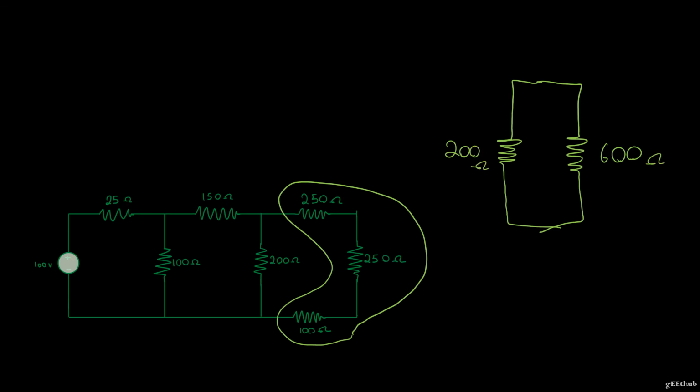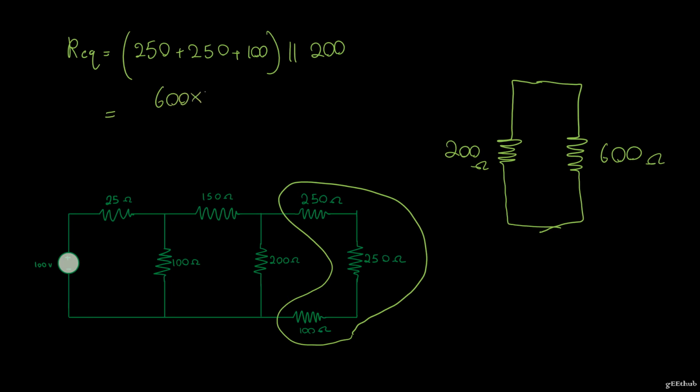So the equivalent resistance of these 4 resistors is going to be 250 plus 250 plus 100 in parallel to 200, and that's 600 times 200 divided by 600 plus 200.